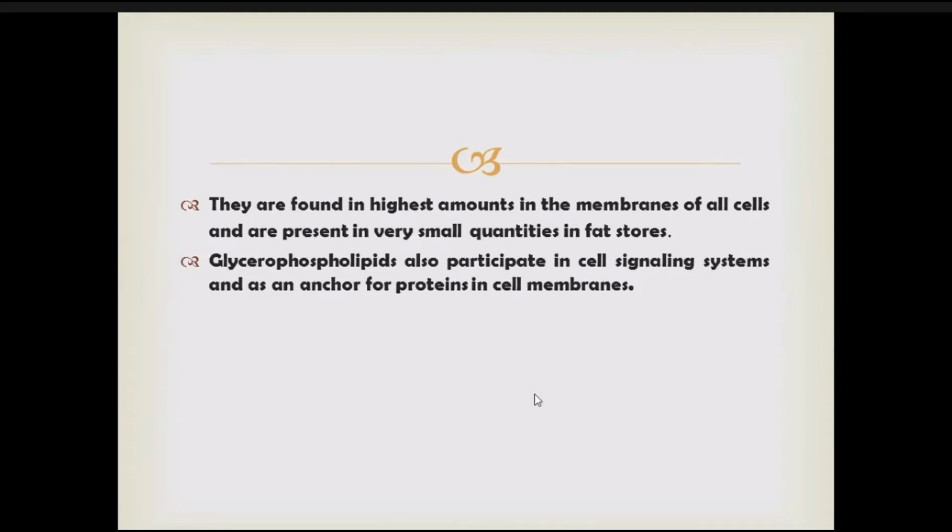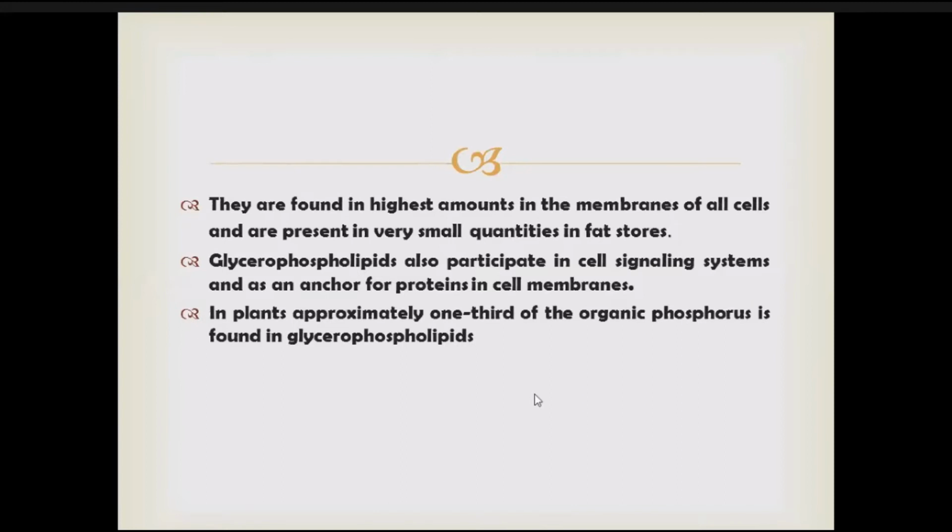Glycerophospholipids also participate in cell signaling systems, and they also serve as an anchor for proteins in cell membranes, because we said earlier that glycerophospholipids जो हैं, they form an important part of cell membrane.